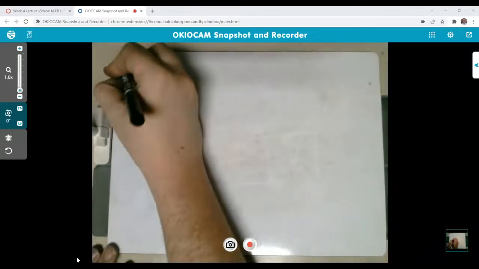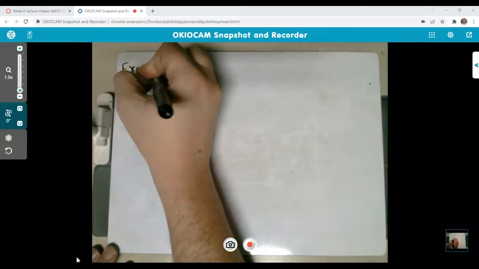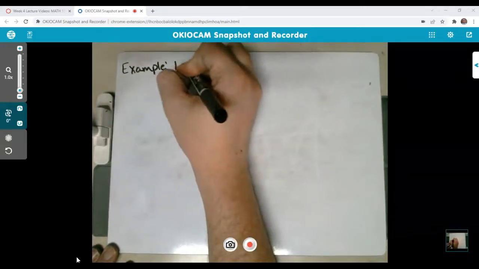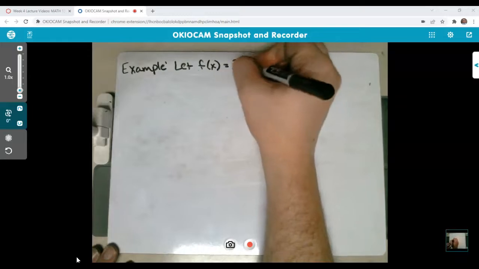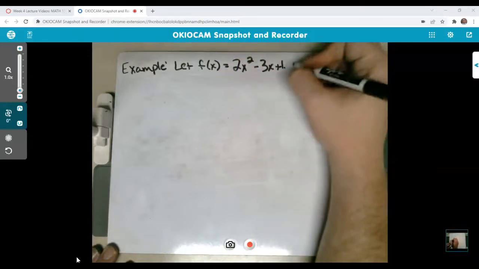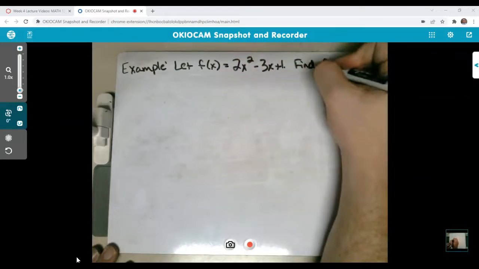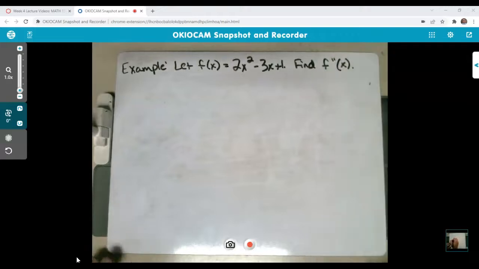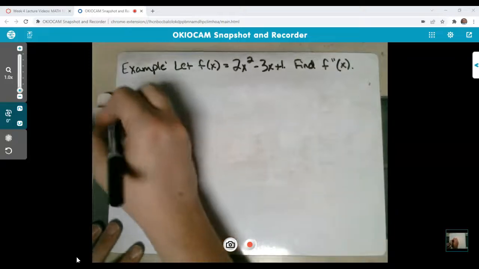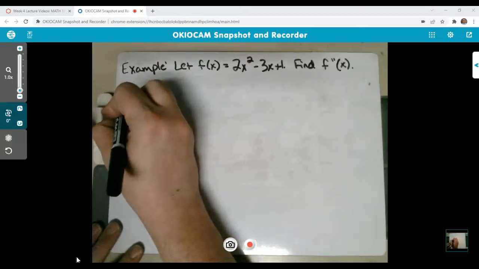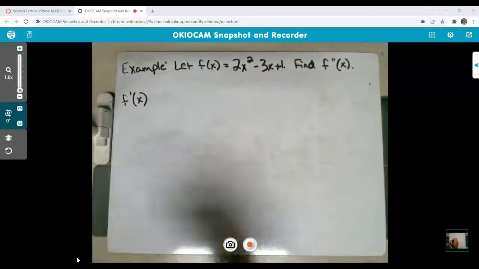Example. Let f of x be equal to 2x squared minus 3x plus 1, and we're going to find f double prime of x, which means I want to do it twice. So first we would start with finding f prime, because I need that first.